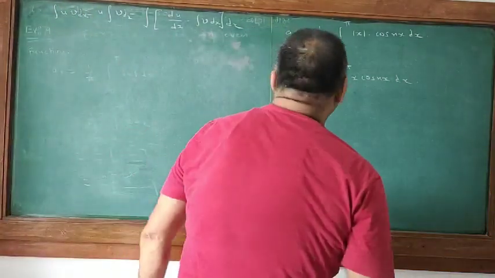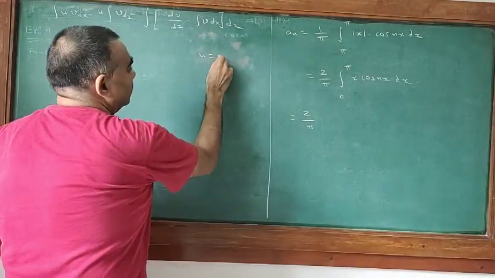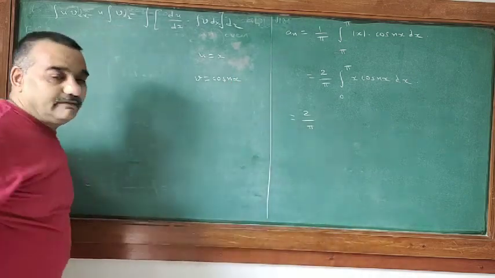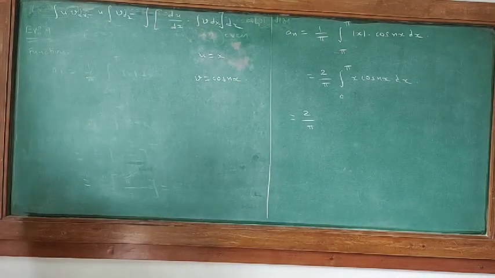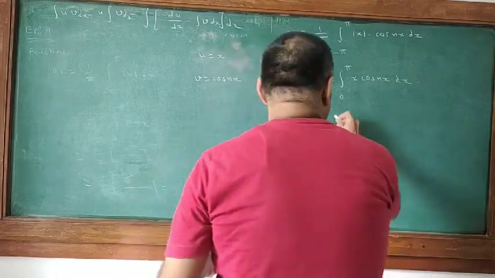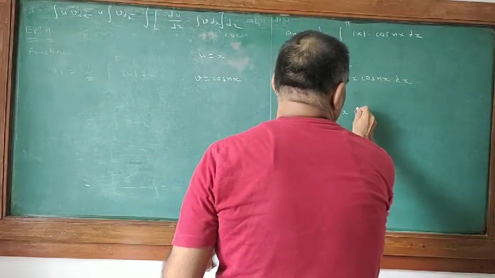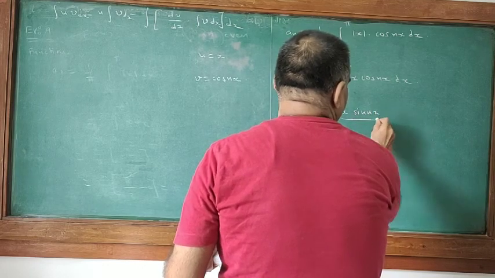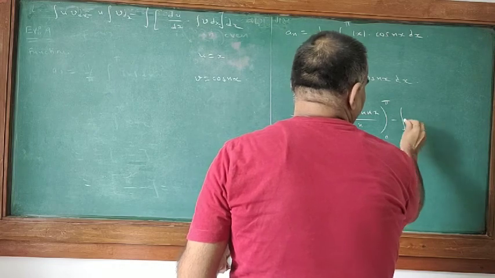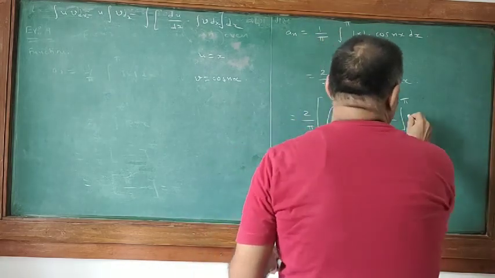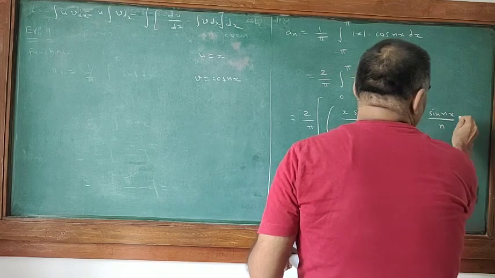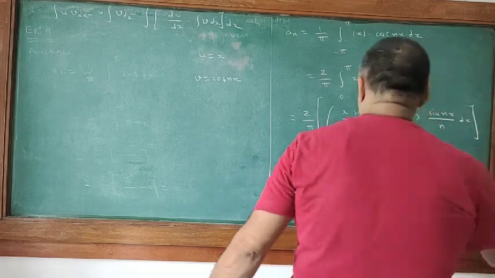Here u equal to x and v is cos nx, and therefore this is equal to x sin nx upon n from 0 to pi minus integration from 0 to pi of sin nx upon n dx.